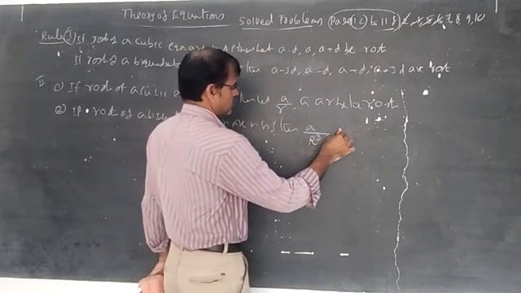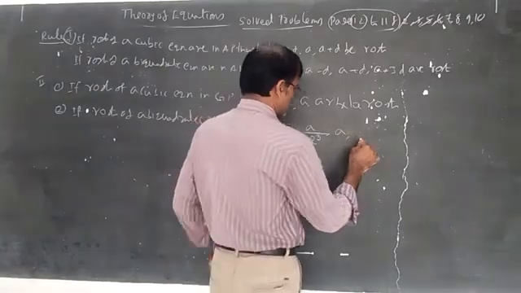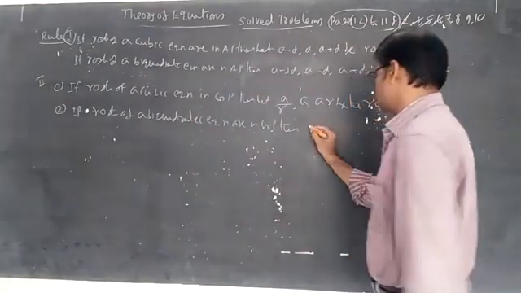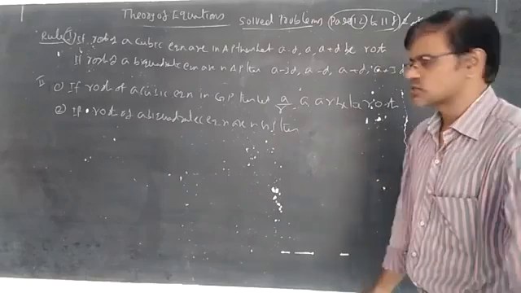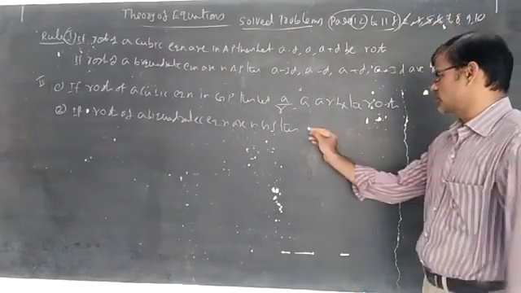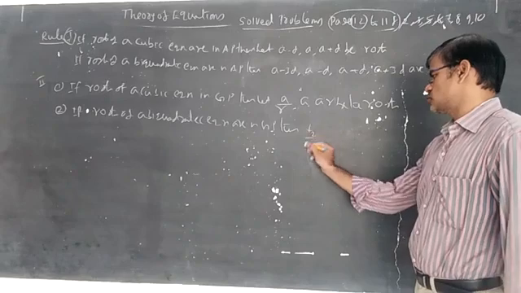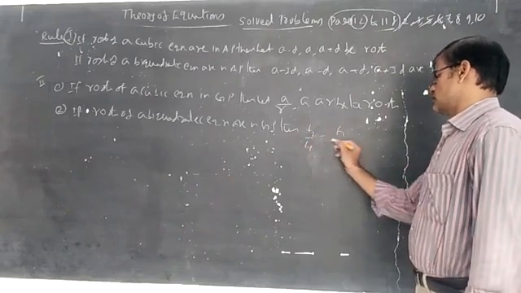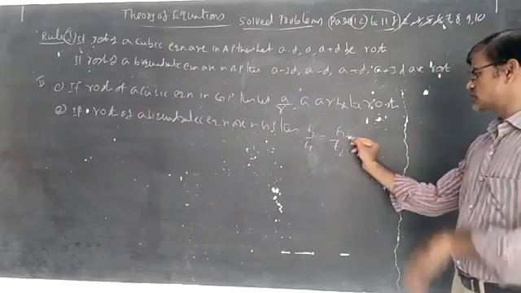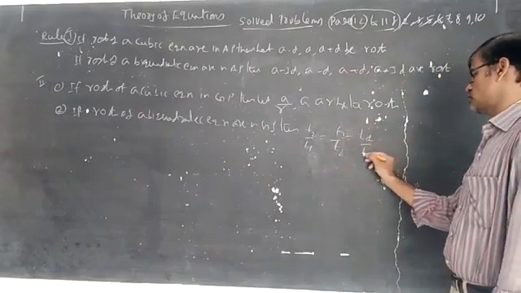A by r cube, just wait for a while. The condition is total 4 terms. First term, t2 by t1 is equal to t3 by t2, and in the similar way t4 by t3 also.